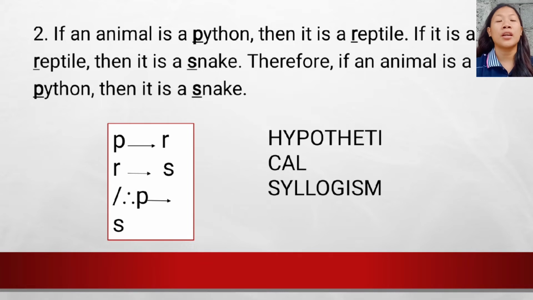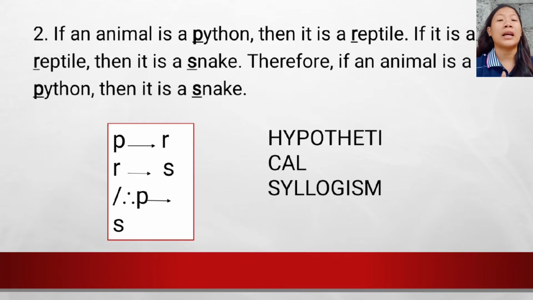So, yung first statement natin is, if an animal is a python, then it is a reptile. At yung pangalawa naman is, if it is a reptile, then it is a snake. Now, what we are going to do is to determine the premises. So, the first statement is, if an animal is a python, then it is a reptile. So sa word pa lang na if and then is mano-notice na natin na it is a conditional statement.